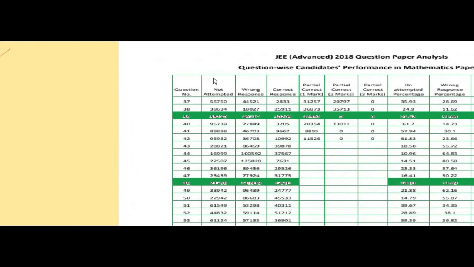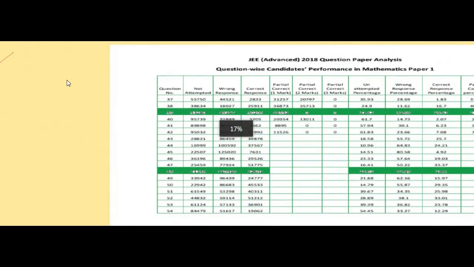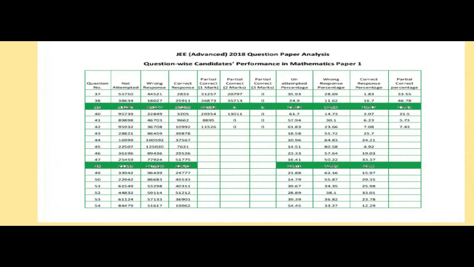Now I want to tell you finally one interesting fact. This is the JEE 2018 analysis. In Paper 1, the 19th question, which is a multi-conceptual question and the last question of our discussion.